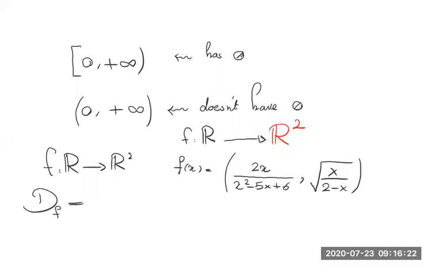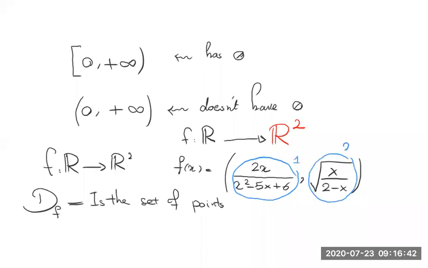When we have these vector valued functions, their domain is the set of points where all of the components are defined. We have two components, right? This is the first one. This is the second one.